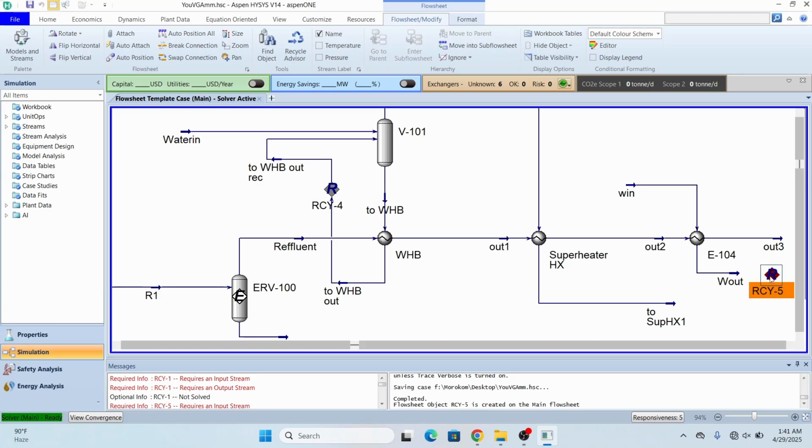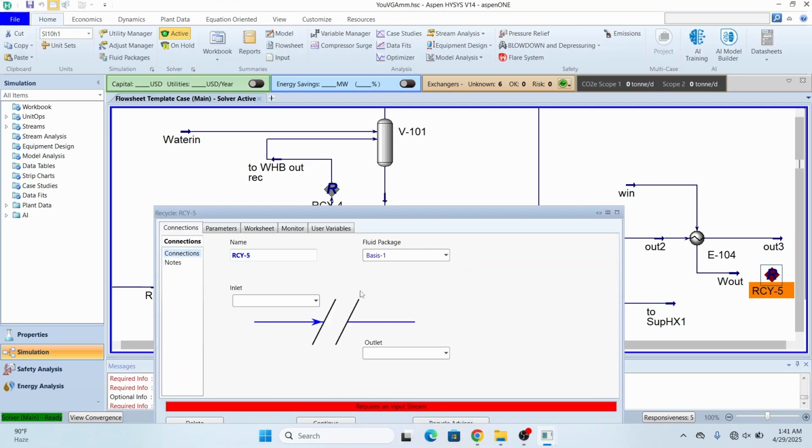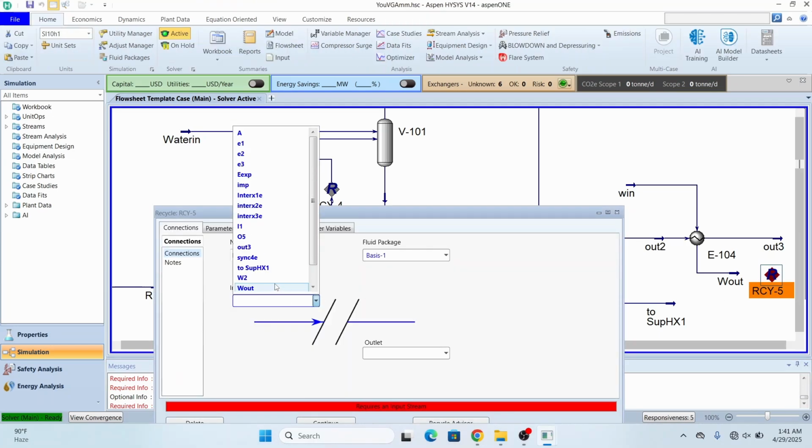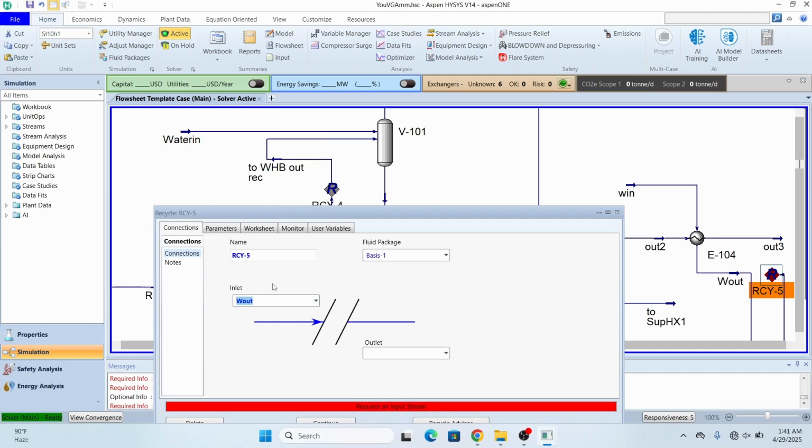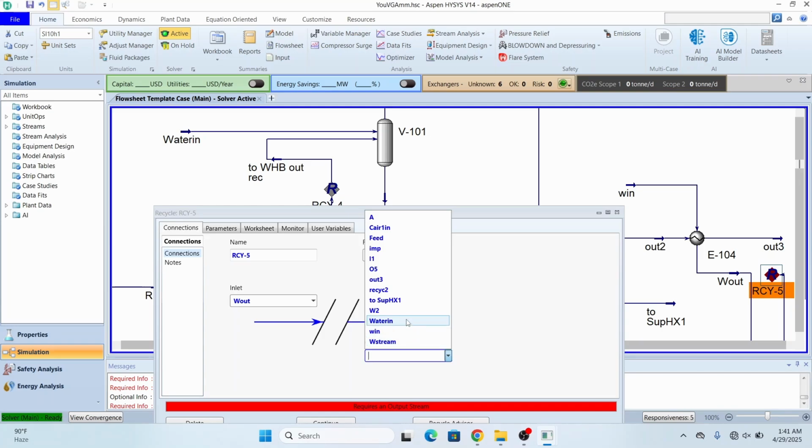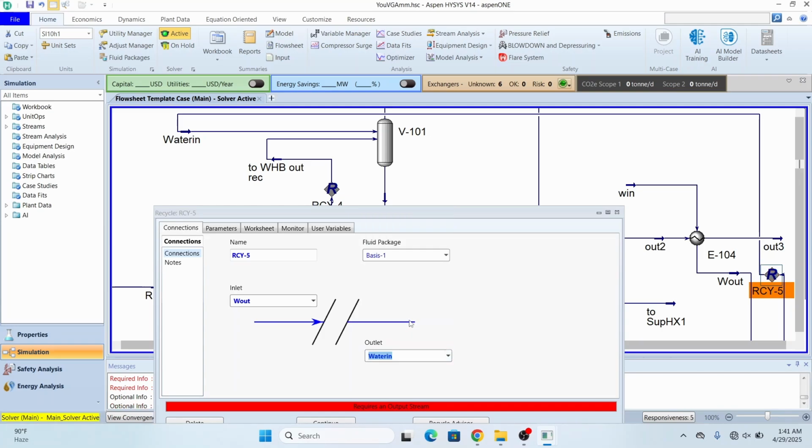You can just place it over here. Here I will double click on it, and its inlet is water out, and its outlet you can give as this water in. Where is water in? So this is water in. You can see that it is similar.